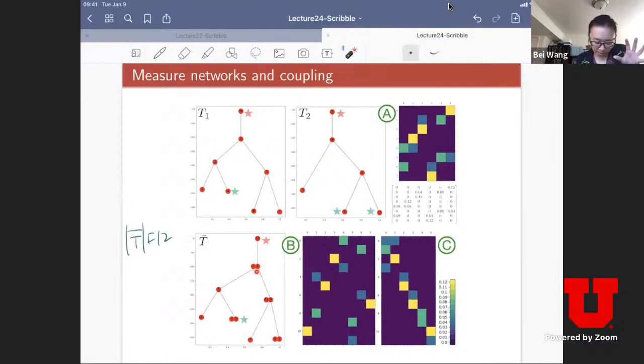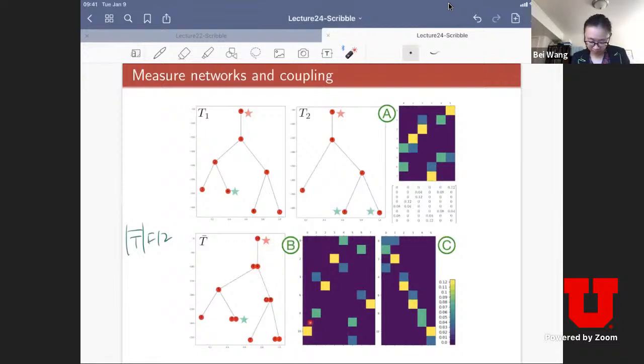Okay. So now if you look at the coupling between T1 and T hat, the rows of this coupling matrix are the vertices from the average tree. So there are 12 rows. The columns are from the first tree, T1. It has 8 columns. So if you look at the coupling, what do I see here? If I look at the 10th row, which is for the average tree, node 10 is the root of my average tree.